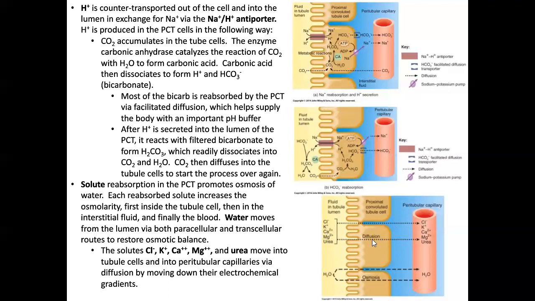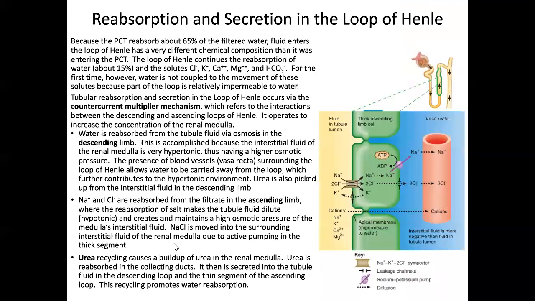Water is going to go where those ions are, or in this case, urea. It's not an ion, but it's a substance nonetheless. So it's just going to move to restore osmotic balance. So that's in the proximal convoluted tubule.